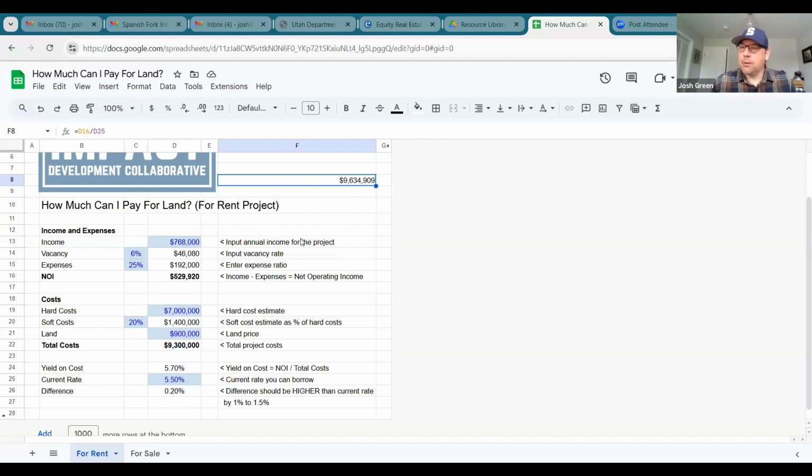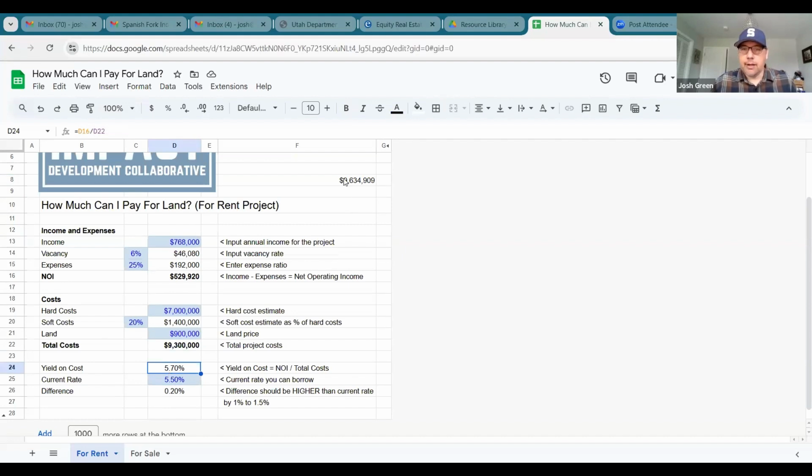Another way to look at this is called yield on cost. It's similar math to a cap rate, but you take your yield, which is your net operating income, and divide it by your total costs. That gives you your yield on cost. Most investors and developers want to see a spread between what the current cap rate is and what the yield on cost is.